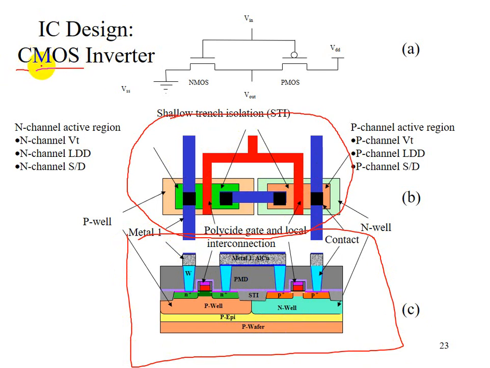MOS means metal oxide semiconductor, so CMOS means complementary metal oxide semiconductor. This is called the CMOS structure, made using the masks based upon your IC design and layout.